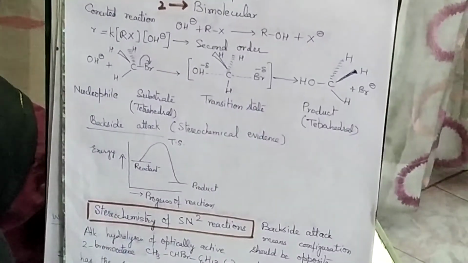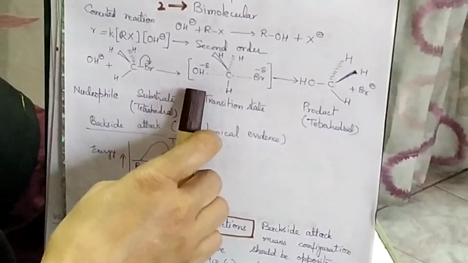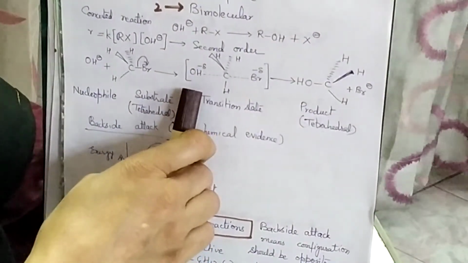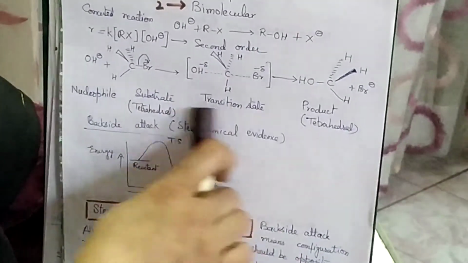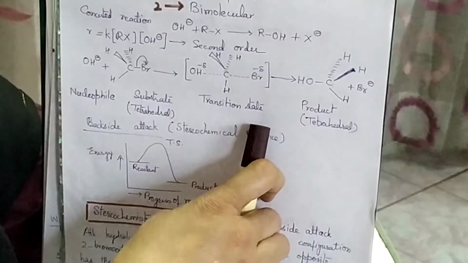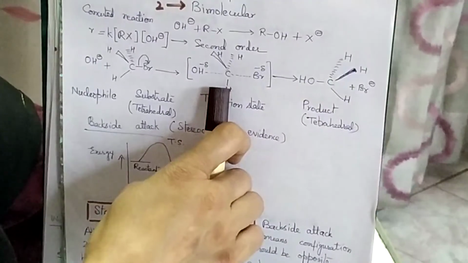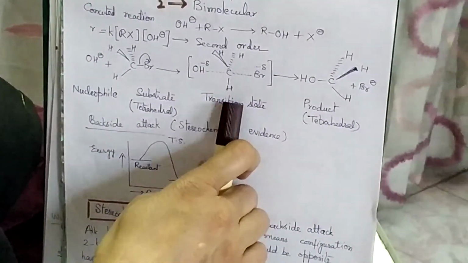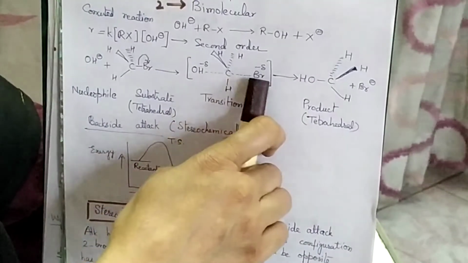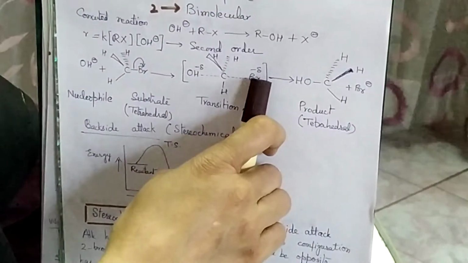This transition state involves a backside attack by the hydroxyl ion, giving you this kind of structure in which OH negative is present on the backside, 2 hydrogens here, 1 there, and the bromide ion present on the front side.